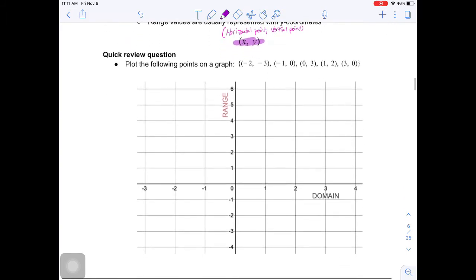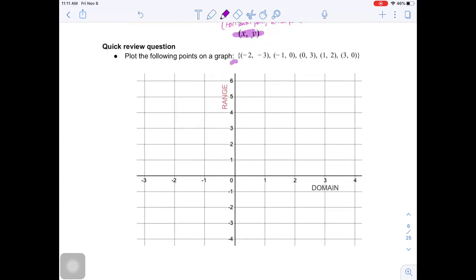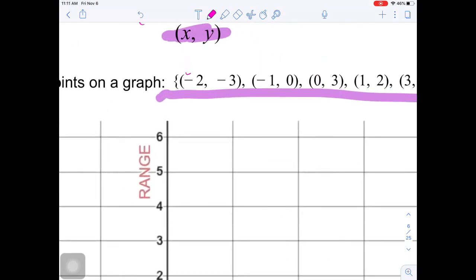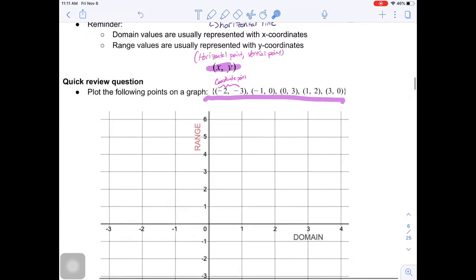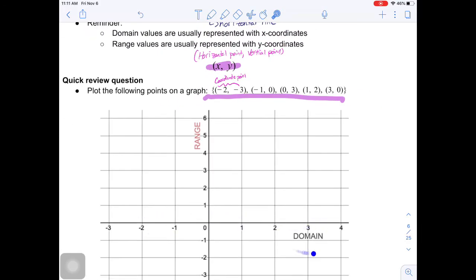So let's review how to plot points. Here we're given a set, and in that set, we're given coordinate points. So this is a coordinate point here. And remember, this front number is what's on your horizontal line, aka your domain. It's also the x coordinate point that relates to this range coordinate point, or this y coordinate point.